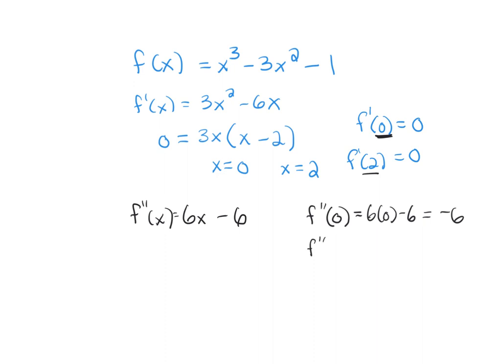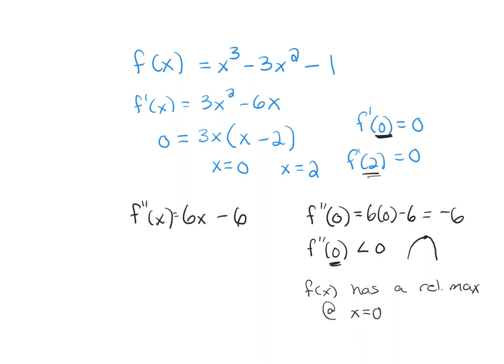So the second derivative at 0 is less than 0. That means at 0, f of x is concave down, meaning it has a relative max. So f of x has a relative max at x equals 0.